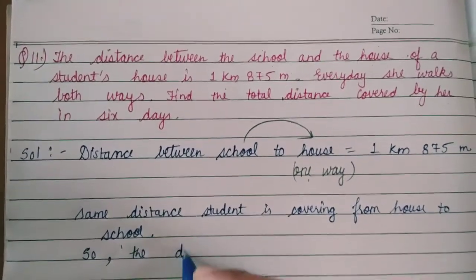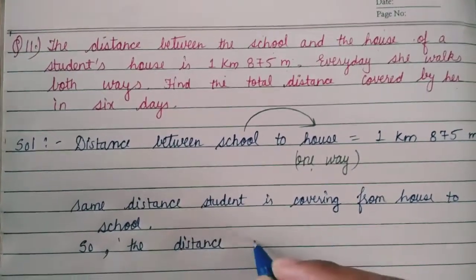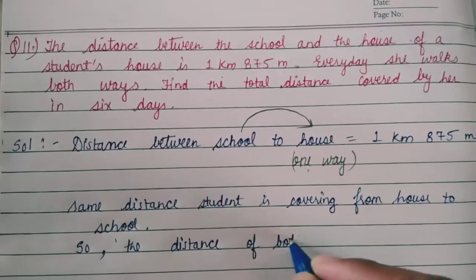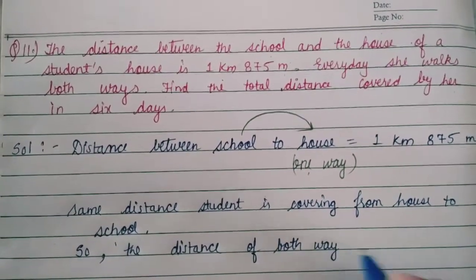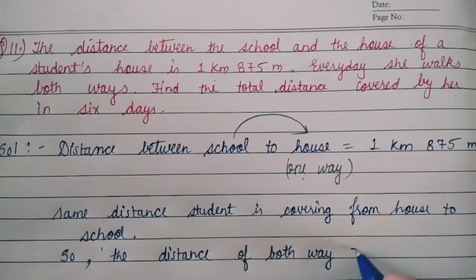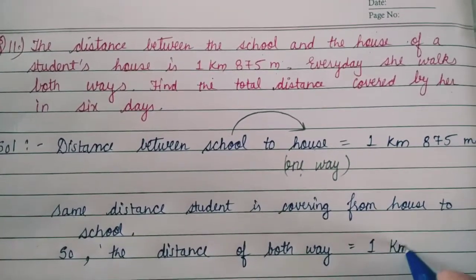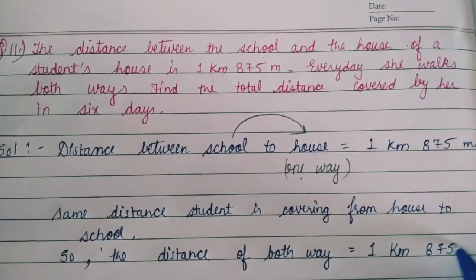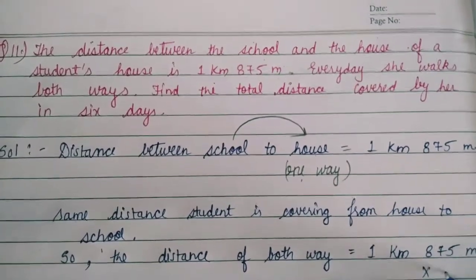The distance of both ways means one time school to house, second time house to school. We will simply multiply 1 kilometer 875 meter by 2.